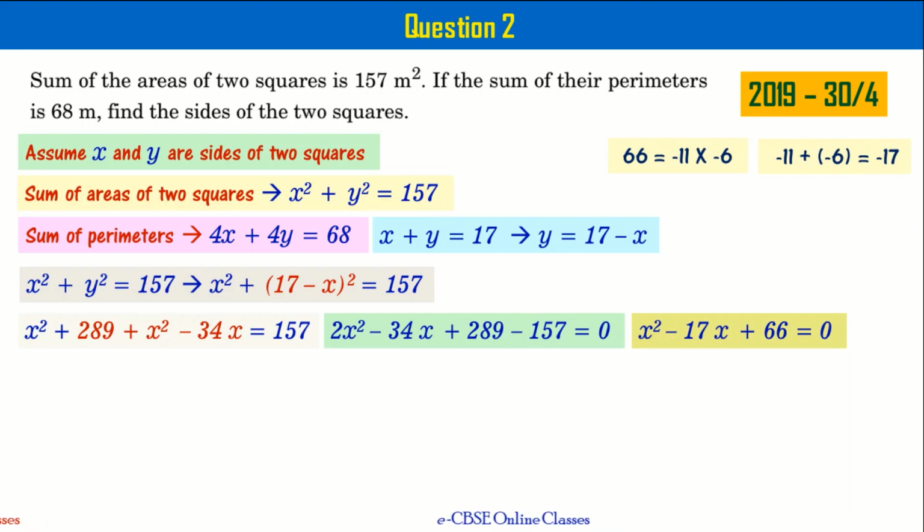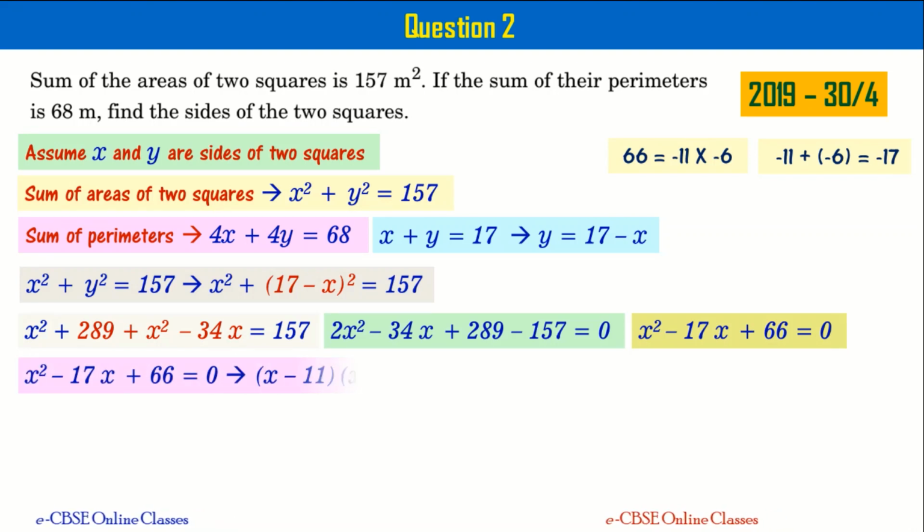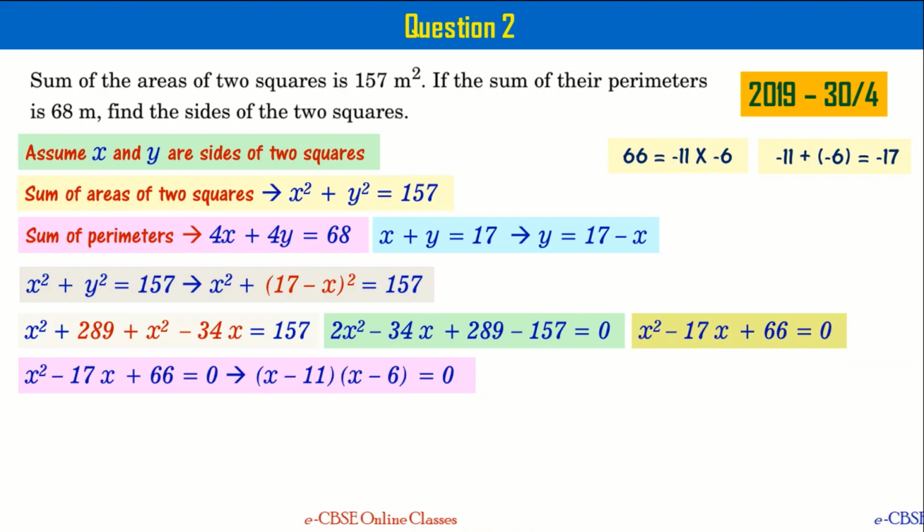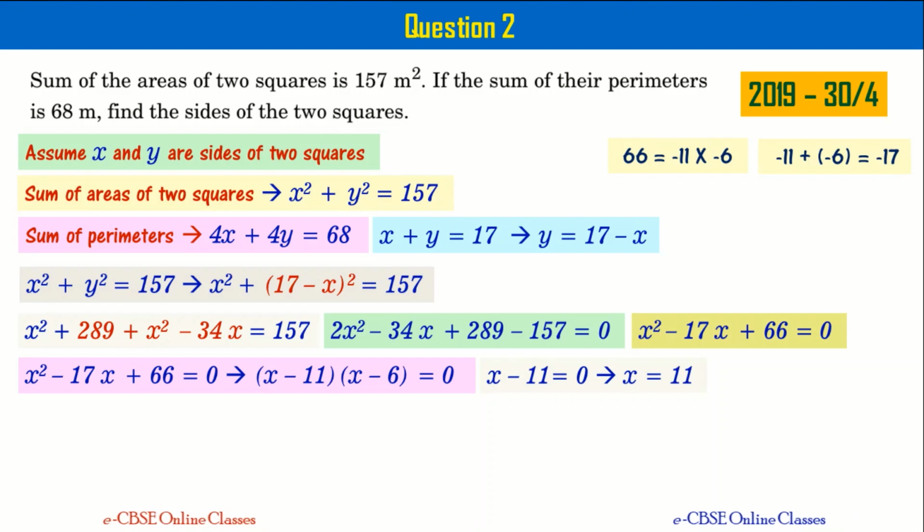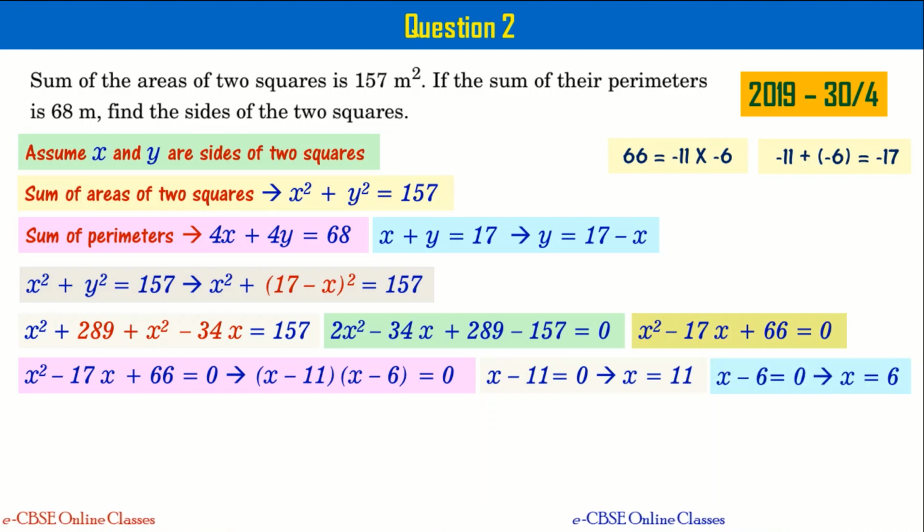So we can say that p equal to minus 11 and q equal to minus 6, right? So x squared minus 17x plus 66 equal to 0 can be written as (x minus 11) times (x minus 6) equal to 0. It means x equal to 11 is one of the roots and x equal to 6 is another root for this particular equation.